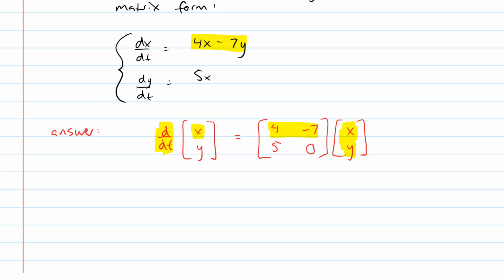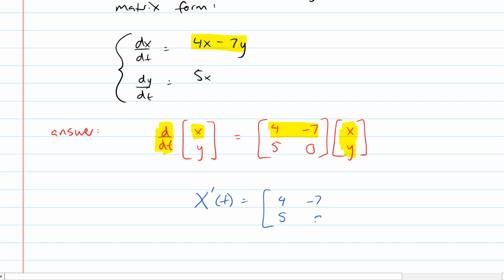Now, we were using capital X's before, so let's go ahead and use that notation. So then the left-hand side just becomes X prime of t is equal to, and this is going to be our matrix A that we were using before, 4, negative 7, 5, and 0.